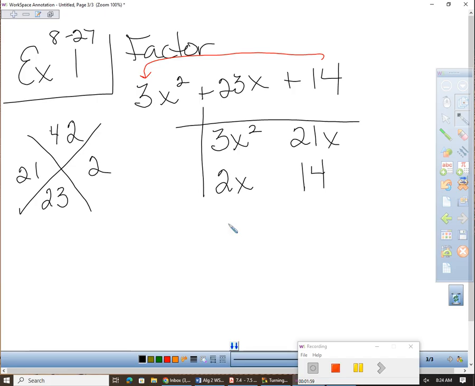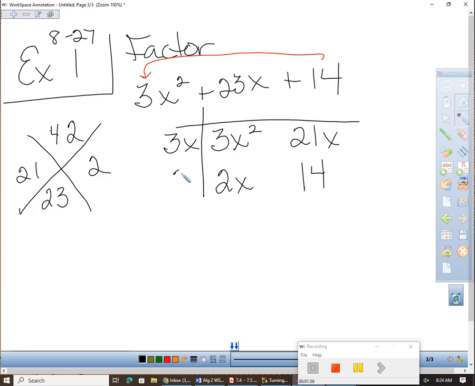Now we're going to undistribute out of each row the greatest common factor. So looking at this first row, between 3x squared and 21x, what is the greatest common factor? 3x. I agree. The bottom row, what is the greatest common factor between 2x and 14?